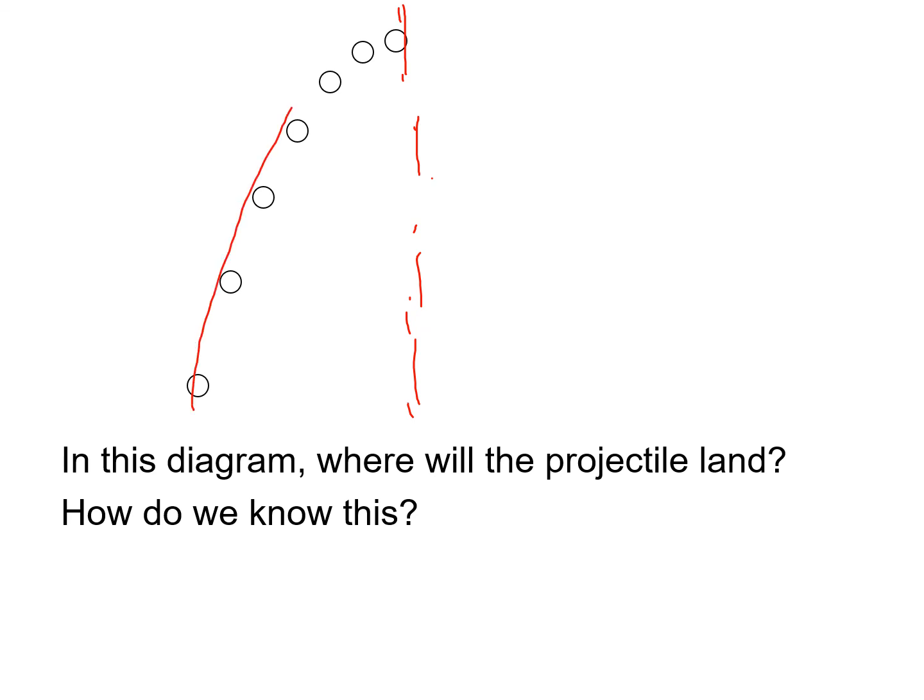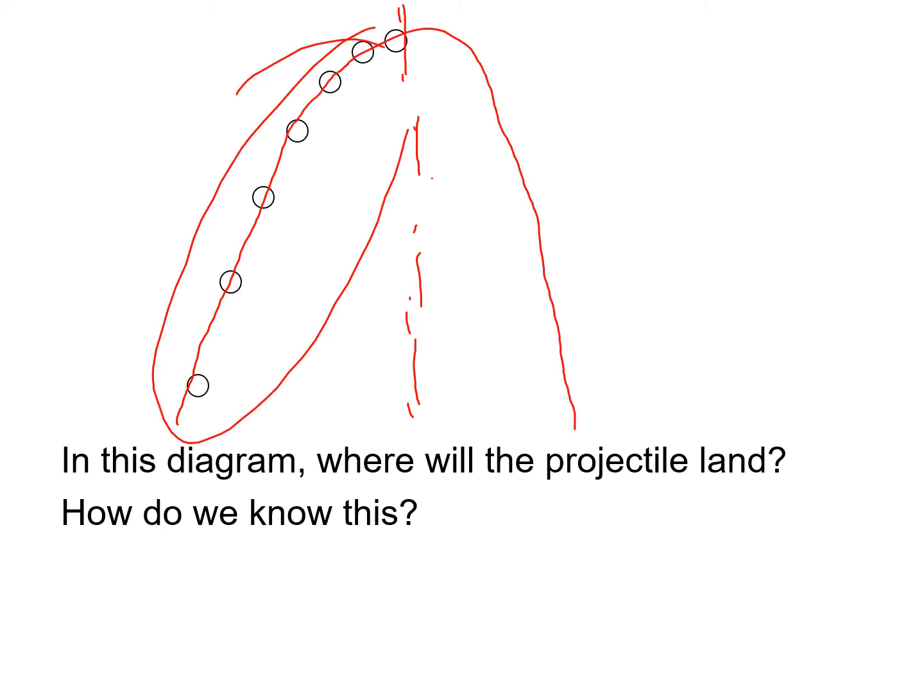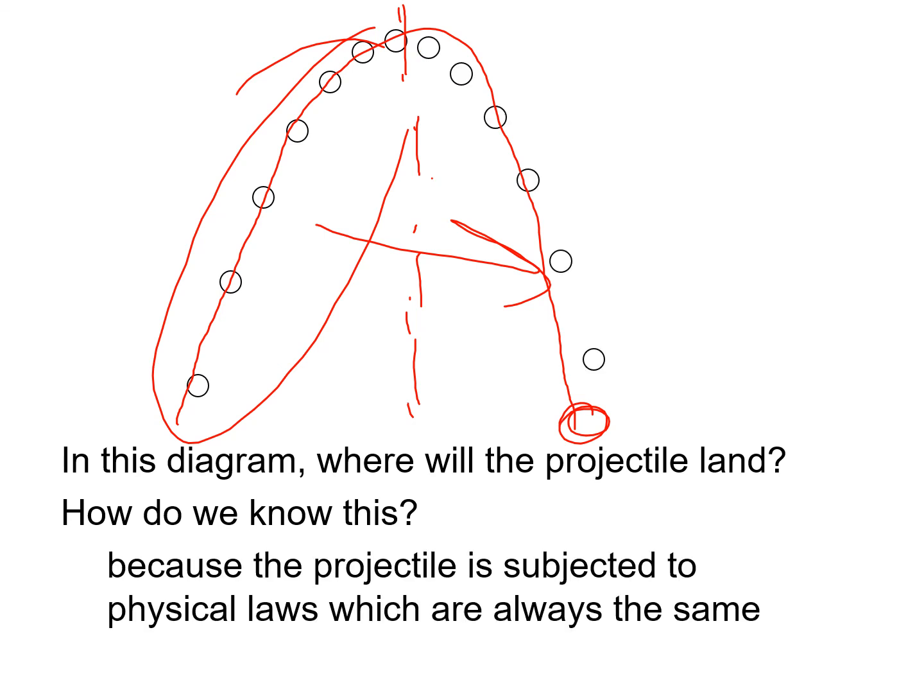Remember, all projectiles have a parabolic path. That wasn't great, so let me redraw that. Projectiles have a parabolic path. So if we mirrored this side and simply flipped it to the other side, it's going to land approximately right here. There we go. How do we know this?